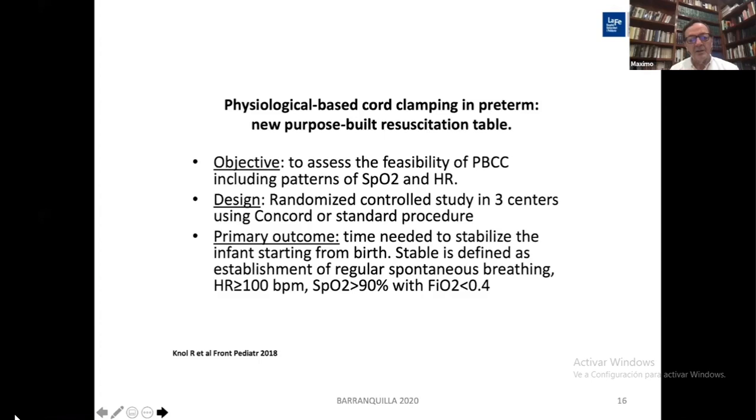The primary outcome is the time needed to stabilize the infant starting from birth. Stable is defined as establishment of regular spontaneous breathing, heart rate greater than 100, SpO2 greater than 90, with an FiO2 lower than 0.4.